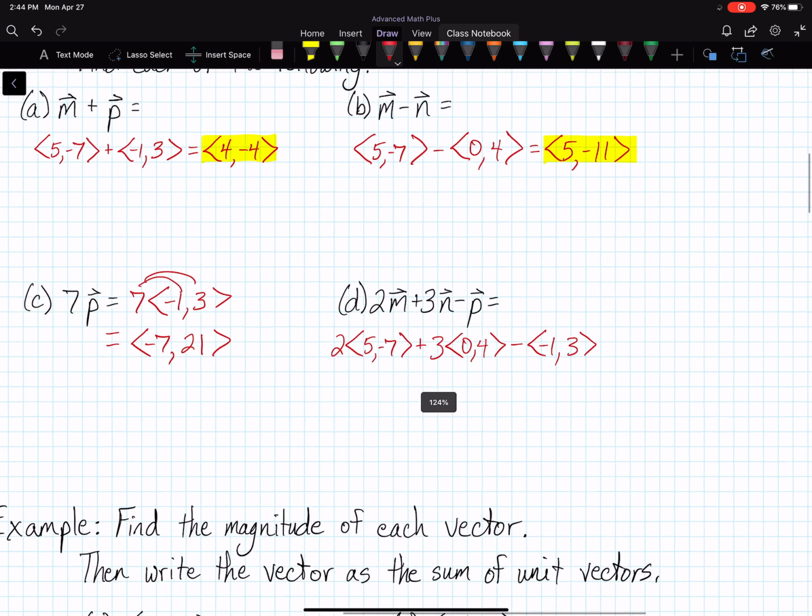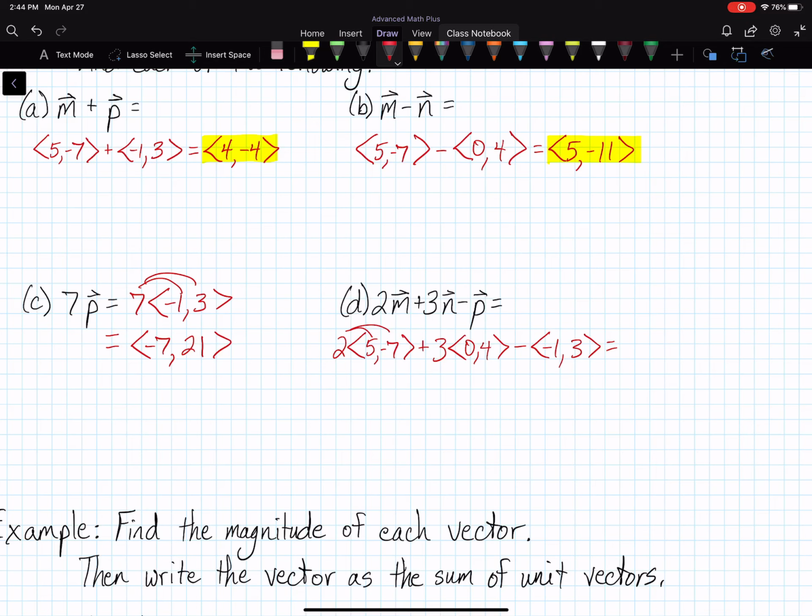So you're going to distribute. That will be 10, -14, plus distribute 0, 12, and distribute 1, -3.